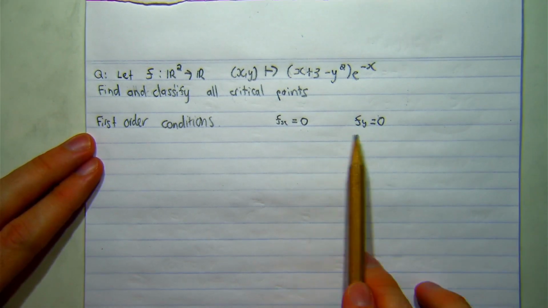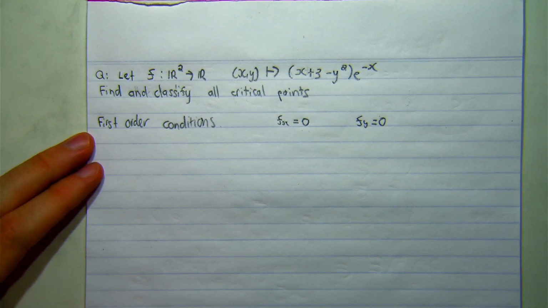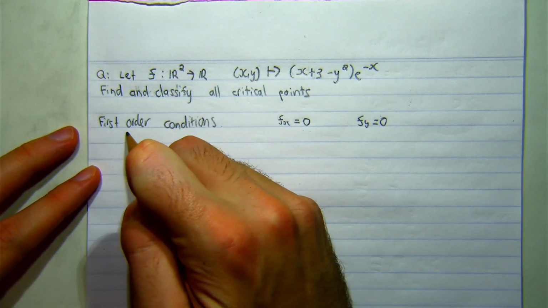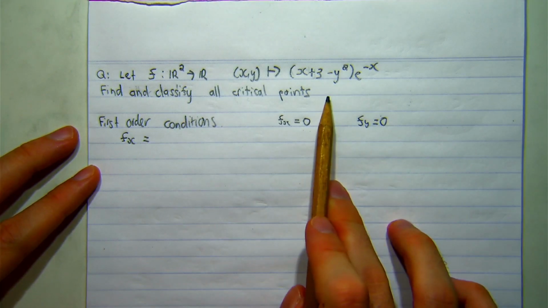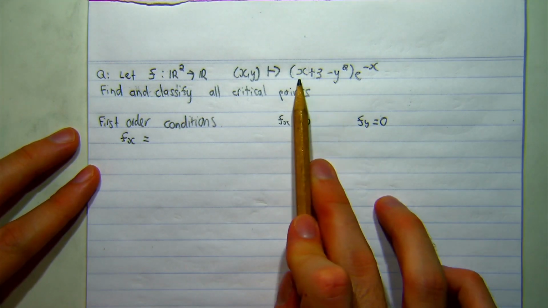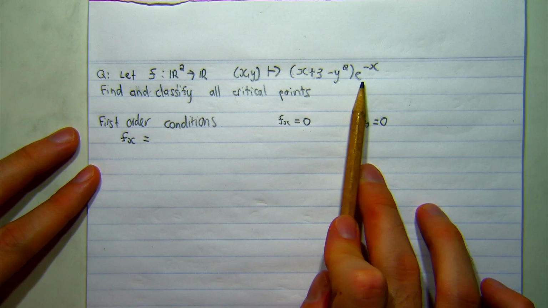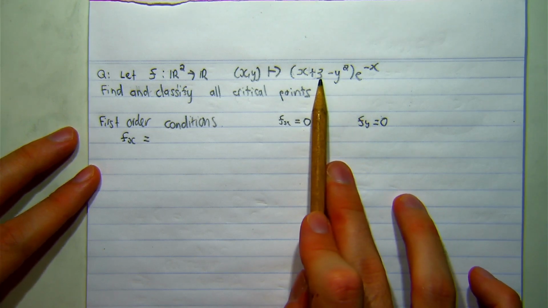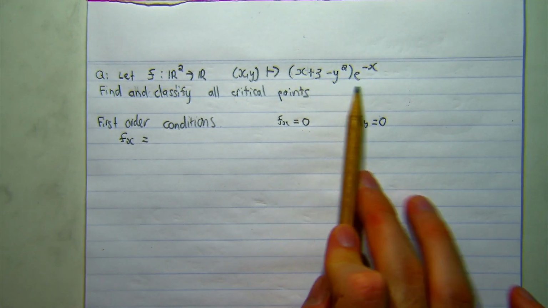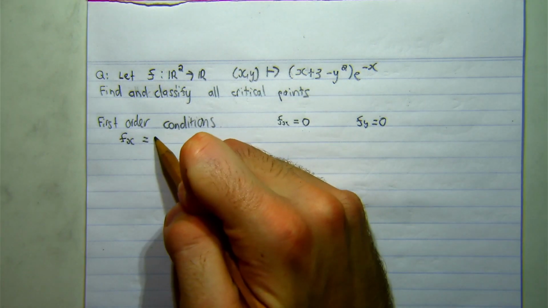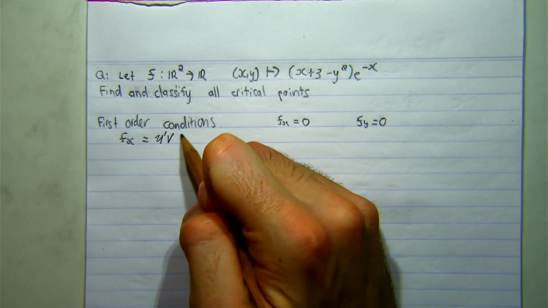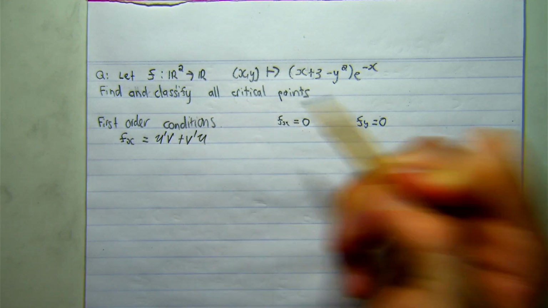In order for us to solve this, we need to, of course, differentiate the function. Let's differentiate it with respect to x first. Notice that this is the product of two things, and the left thing is in terms of x, and so is the right thing. So it makes sense for us to use the product rule: u dash v plus v dash u.